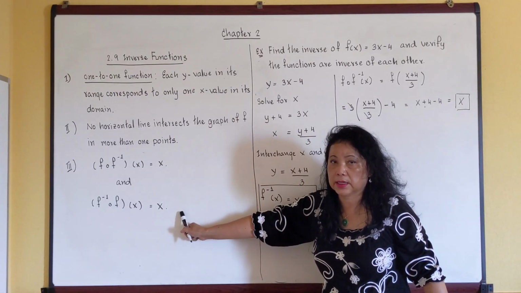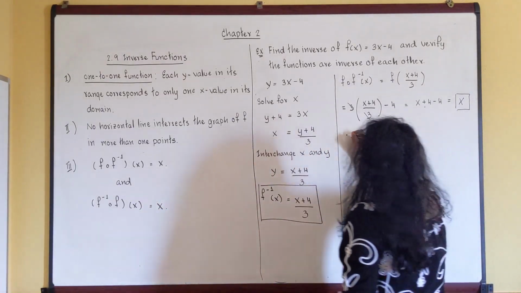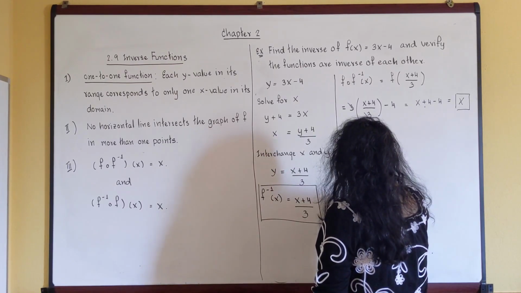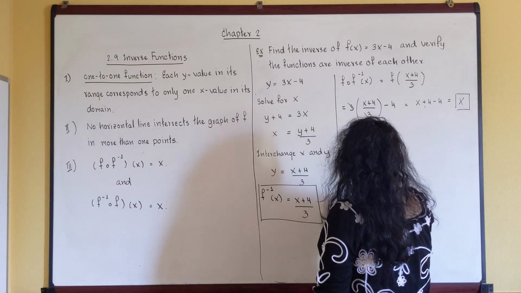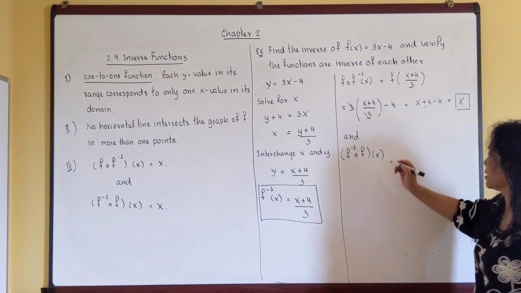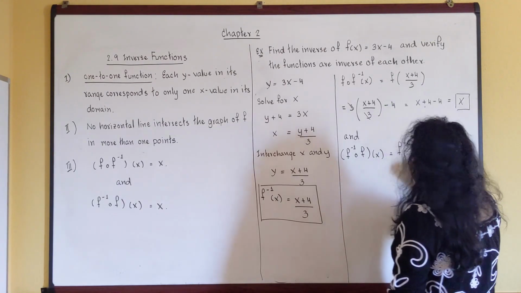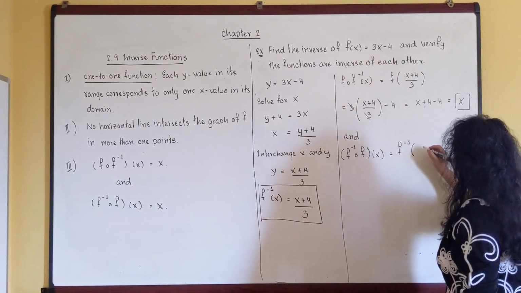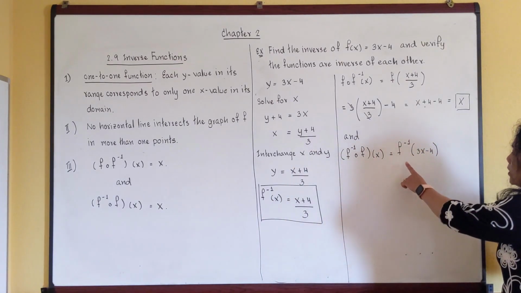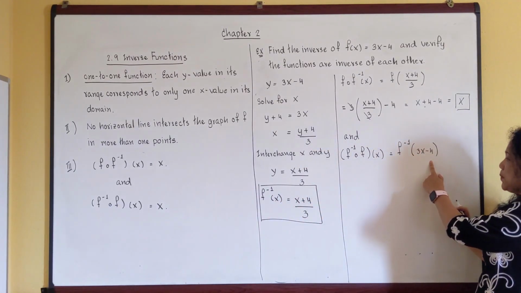I have to do the second, the opposite, as well. You can't just do one way, right? So I'm going to show the reverse, which is f inverse of f of x. So now the inside function is f of x. So I'm going to have f inverse of, my f of x is this one, 3x minus 4. Alright, so I go to the inverse function, which is this one. Replace all the x with 3x minus 4.